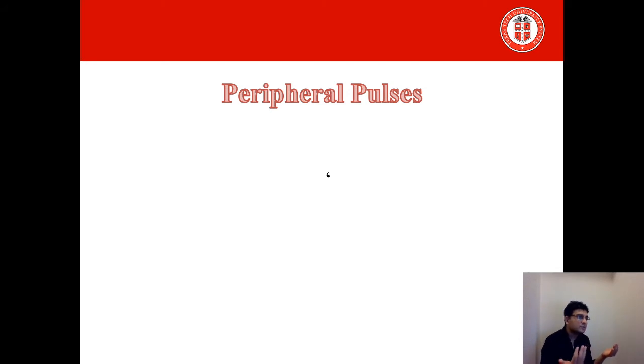And you have learned something about the abnormal heart sounds and the normal heart sounds, the S1 and the S2. Now, it's time to get going for the second part of the practical, which is the peripheral pulses.